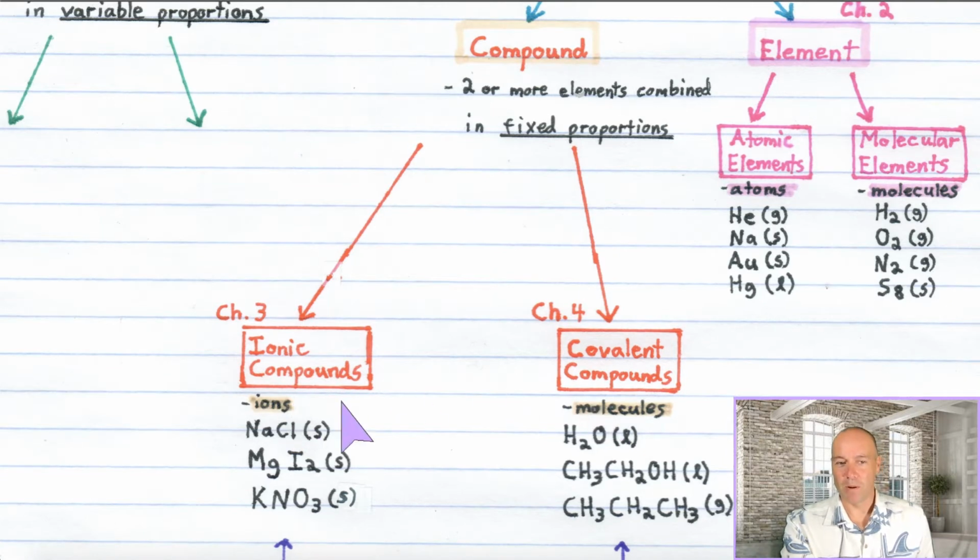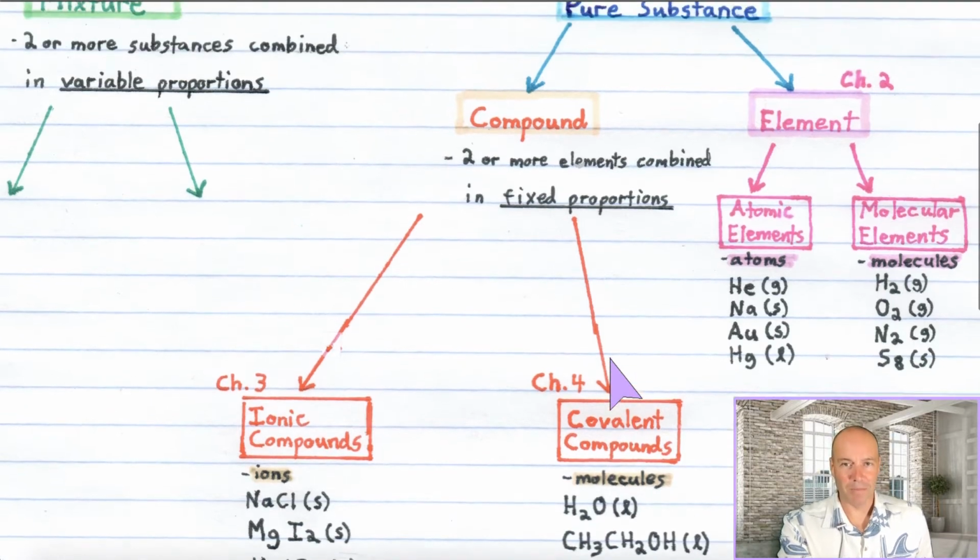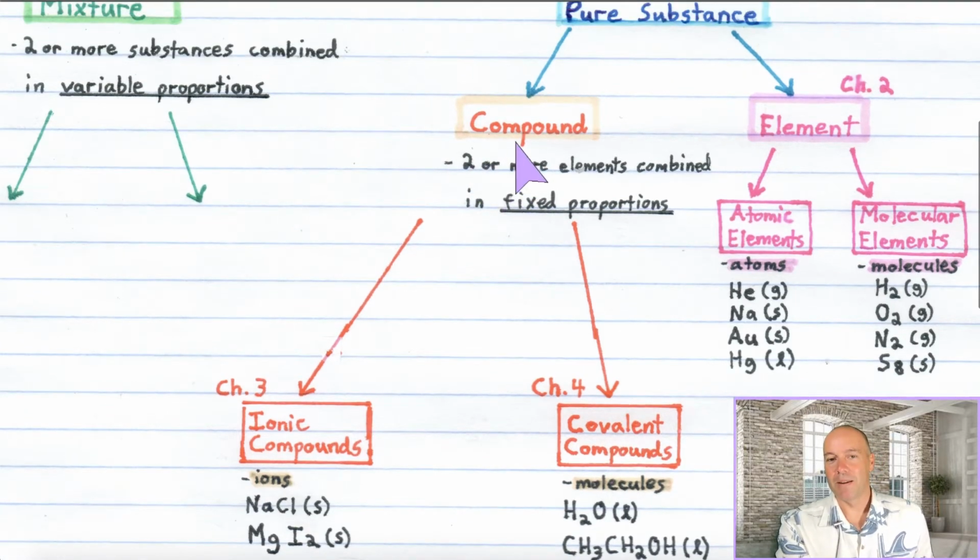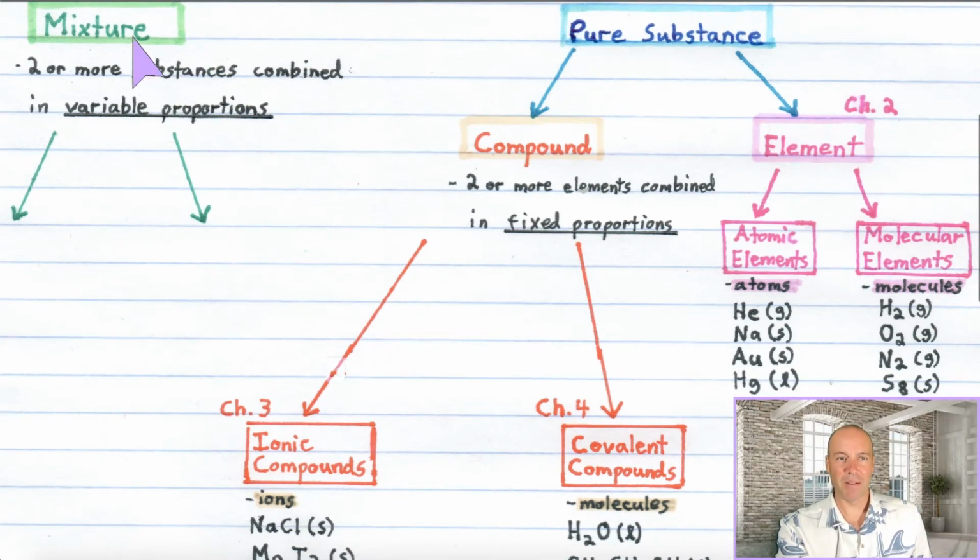So we'll get more into ions and the molecules of covalent compounds soon enough, but let's first recall that compounds are when you have two or more elements that are combined in fixed proportions. The definition looks similar to that of a mixture, but here compounds are made of two or more elements and the proportions are fixed.